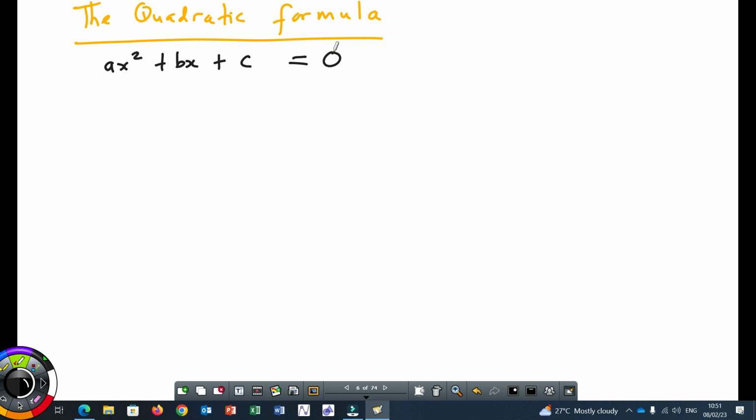Now, if we complete the square in that general equation, we can come up with a general formula that we can use to solve any quadratic equation, whether it can be factorized or not. Okay? So we just have to complete the square here. The first thing, we make the coefficient of x squared what? A 1. So we divide every term by a.